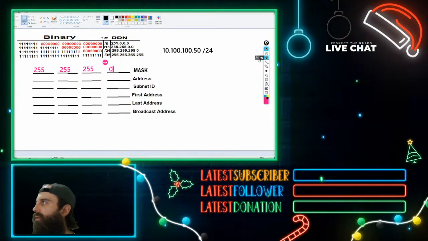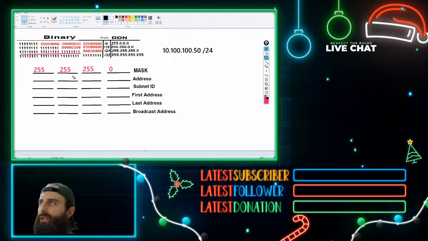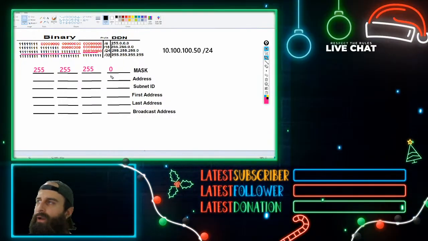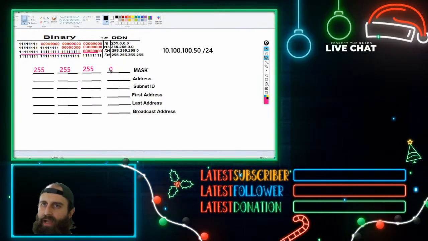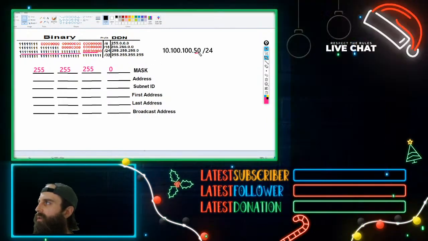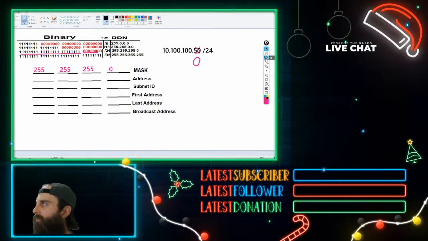That's represented by how many binary ones, followed by binary zeros. So the first rule is when we have a binary 0 in our subnet mask, that number right here is going to fall off, and that's going to become a 0.